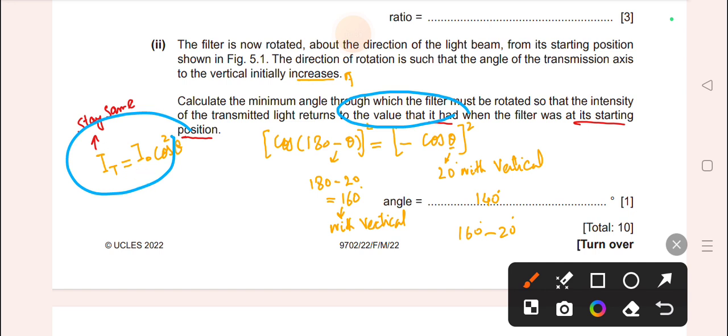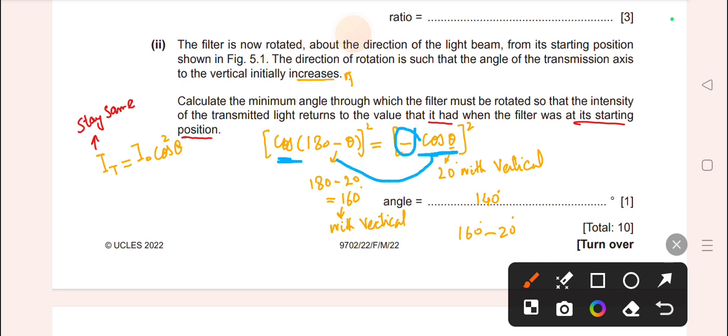We need it to stay the same. So the only thing changing could be this. If we want all the values to be the same, then this should be the same. And when the cos is the same, there is a bit of trigonometry involved. As we know, we have a value of cos theta, and if we subtract the angle from 180 and take the cosine of that, the answer will be the same but the sign will be different.